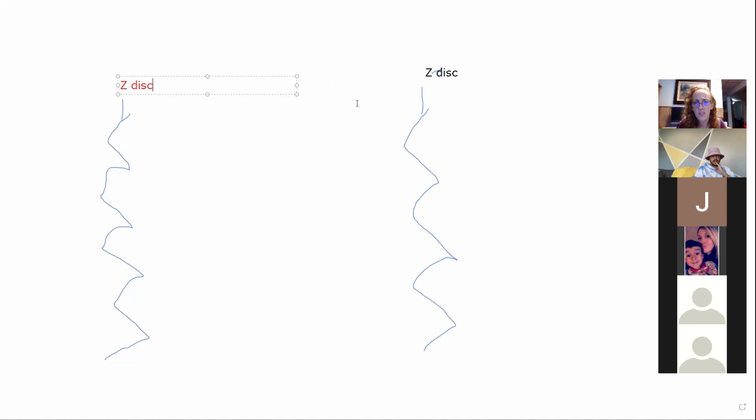I'm going to make our thin filaments, actually that wasn't what I meant to do, but we'll make it undo. Okay, all right. I didn't mean to make that red, but we'll leave it red. We have thin filaments.